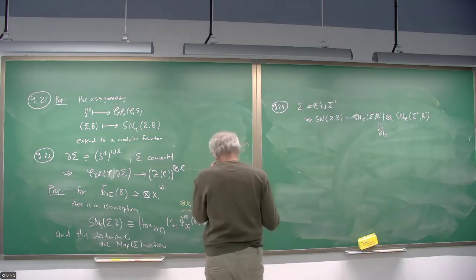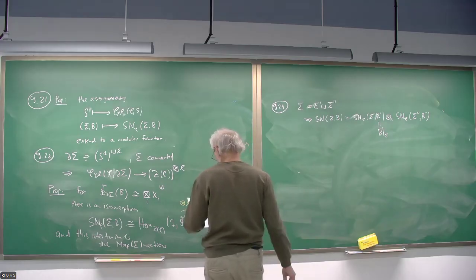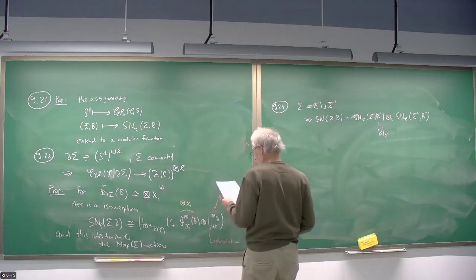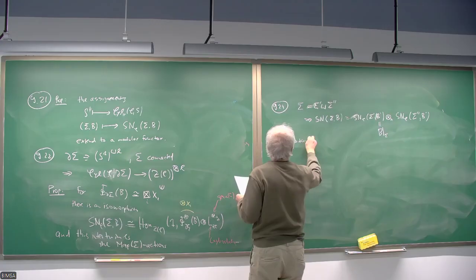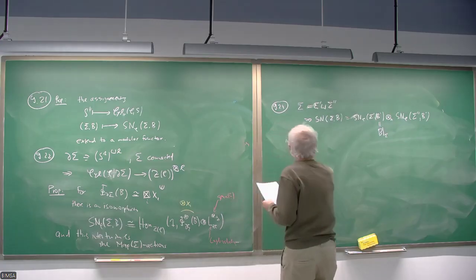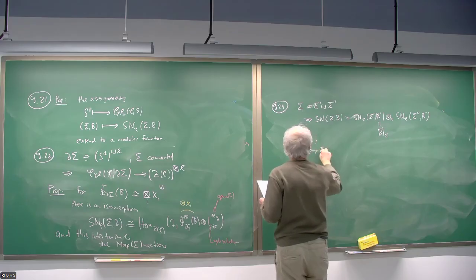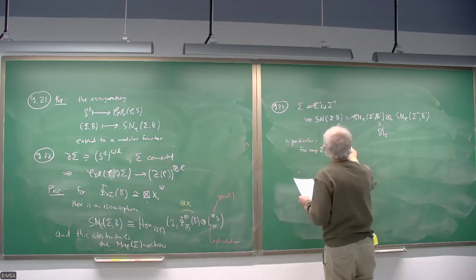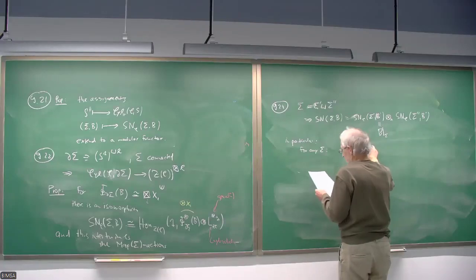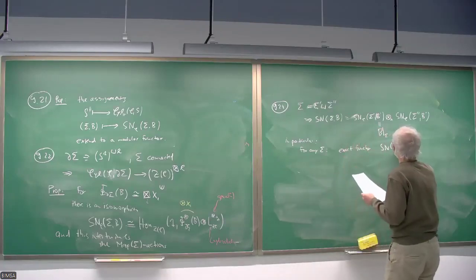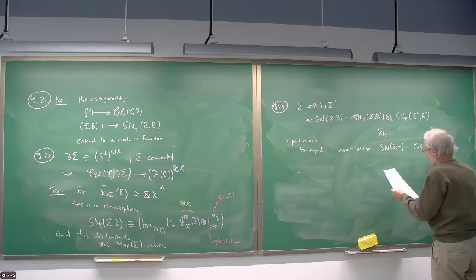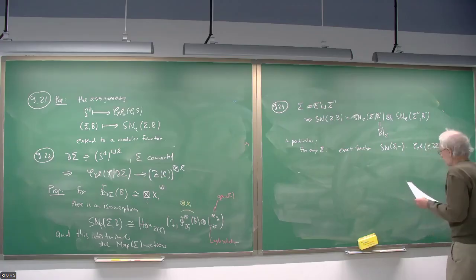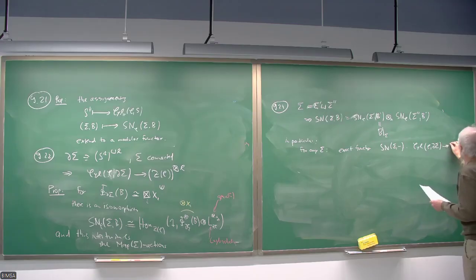And in particular, it follows that for any sigma, including non-connected ones, we have an exact functor from the cylinder categories for the boundary value to the vector space.